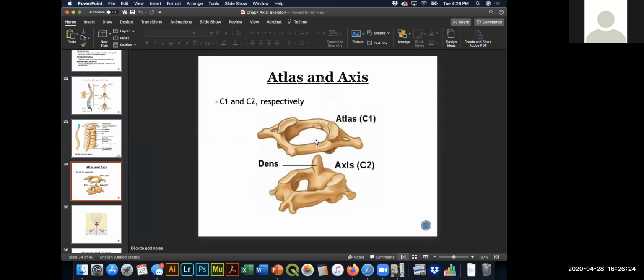So basically we're talking about the pivot joint that they form at the base of your skull, right? So your atlas is the one that's closer to your skull. These facets here actually interact with the base of your skull and your occipital bone, okay? So your occipital bone is sitting on these two facets. The dens of the axis is really the main bone marking that I want you to know about the atlas and the axis.